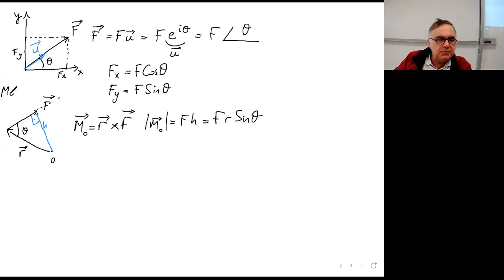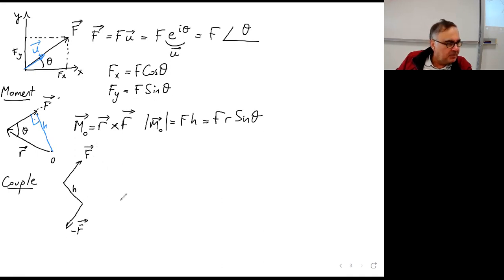So this is the concept of the moment. There is another concept called the couple, which is closely related, of course. If you have two forces, like here, with equal and opposite forces, the distance between them is h.